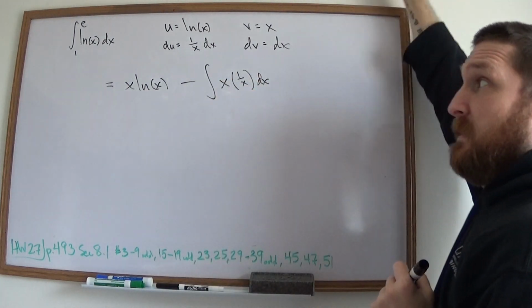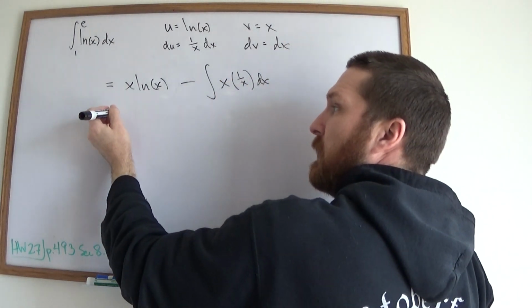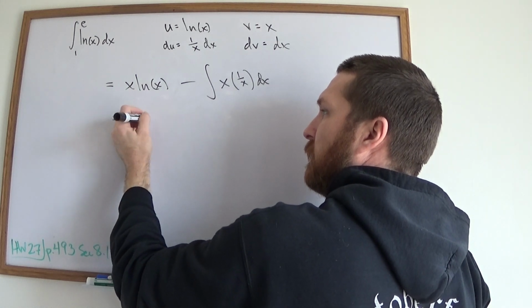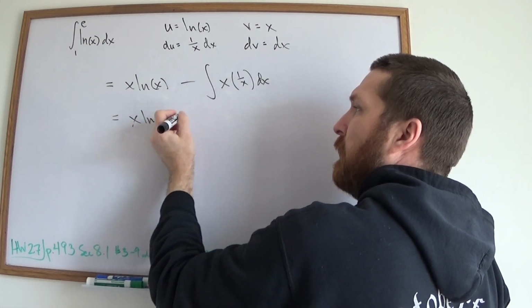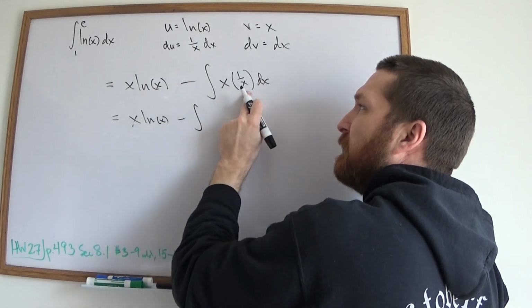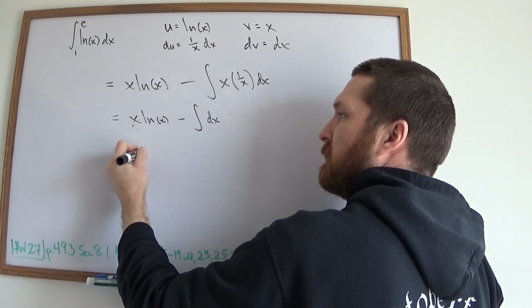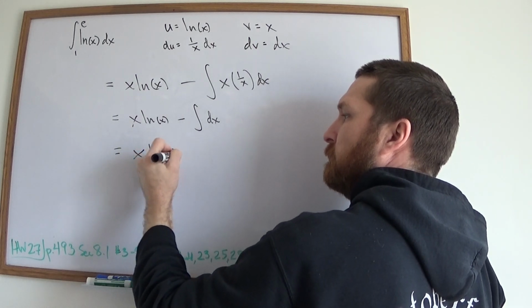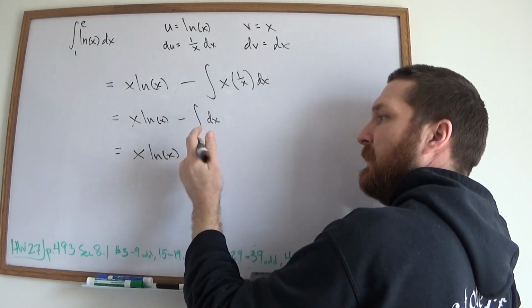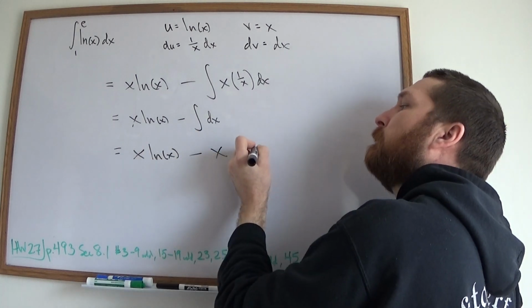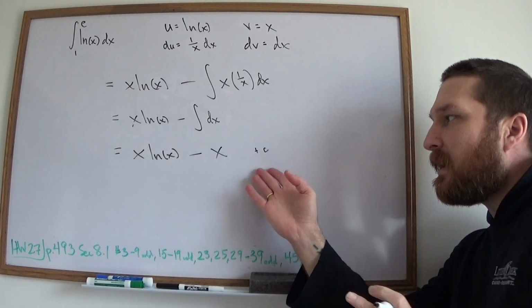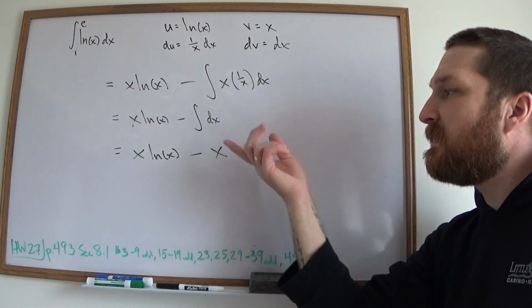Oh, that actually works out really well, doesn't it? Like we could do this. x minus the integral, that's just a big fat 1 dx. So then the antiderivative should just be minus x.